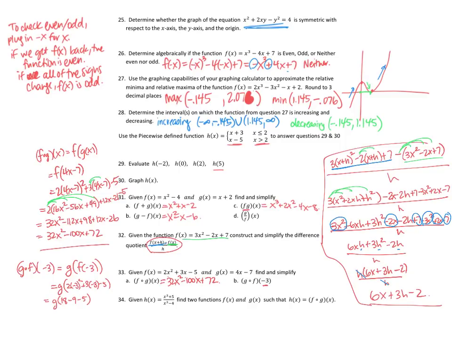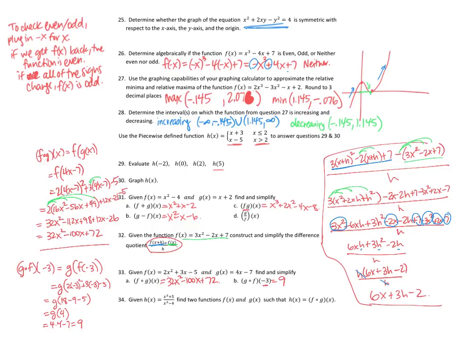So 18 minus 9 minus 5 is 4, right? So that's g of 4. So when I plug the negative 3 into f, I get 4. Then I'm going to plug the 4 into g, and g says 4 times x minus 7. So 4 times 4 minus 7 is 16 minus 7, which is 9. So this is equal to 9.